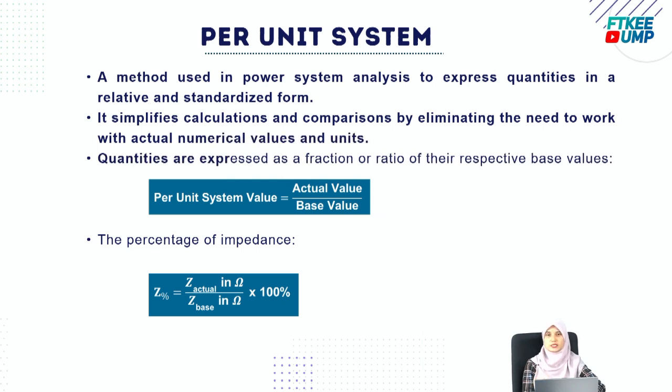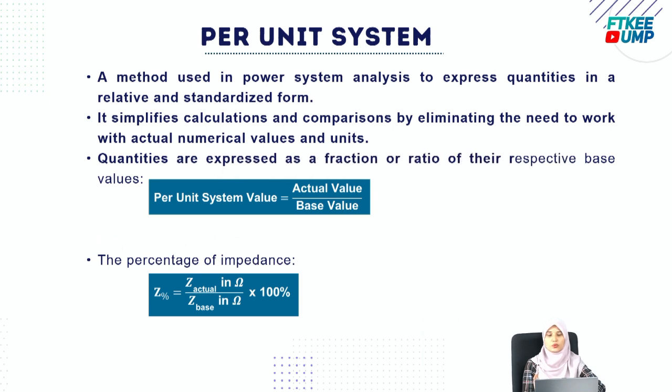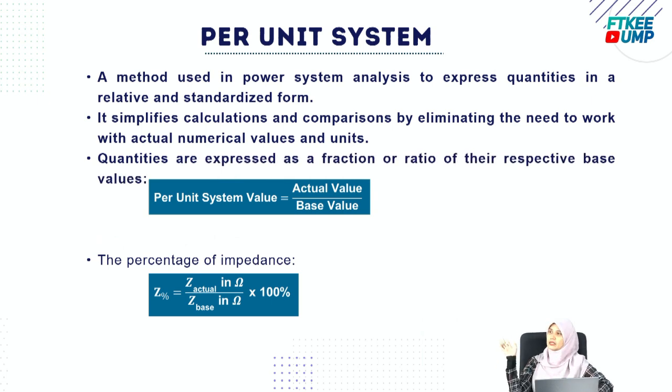And these quantities are expressed as a fraction or ratio of their respective base value. So as you can see here, the per unit value is given by actual value over base value. And the percentage of impedance is given by the actual impedance over base impedance.